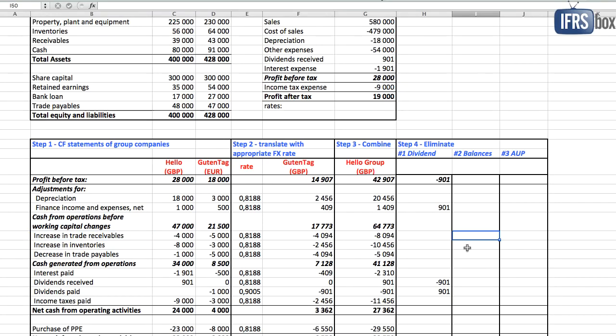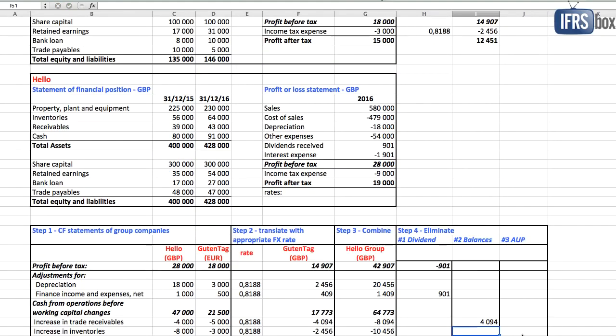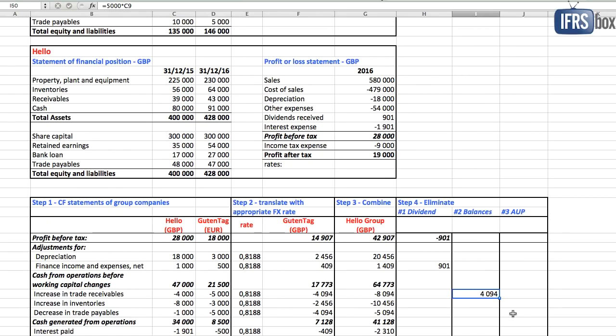Without this intragroup receivable, the decrease would have been lower by 5,000 euro, so we add this amount back. What rate? Well, subsidiaries' cash flow statements were translated using the average rate, so we translate the elimination in the decrease with the average rate too. So we add back 5,000 times 0.8188, which is 4,094 British pounds.